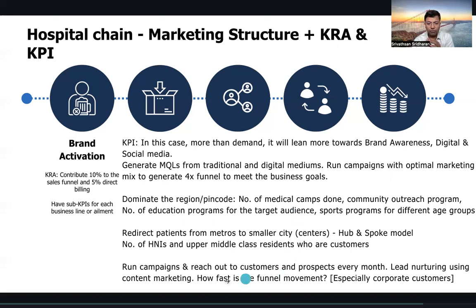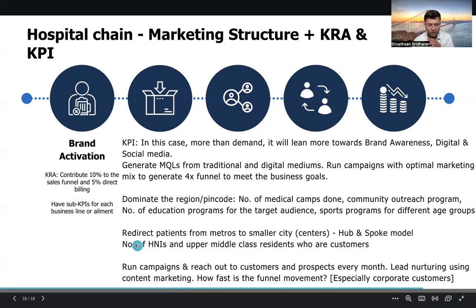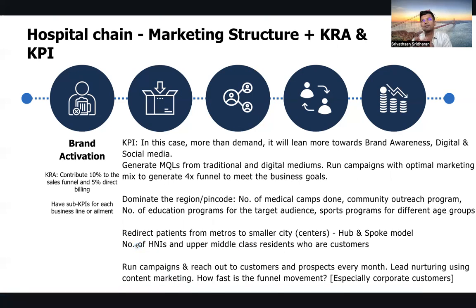The last point is you can have a hub and spoke model also, where we know it from the courier services companies, where they actually pool all the parcels from various places and bring it to one location, and from there it gets dispatched. The airlines also follow the same model.